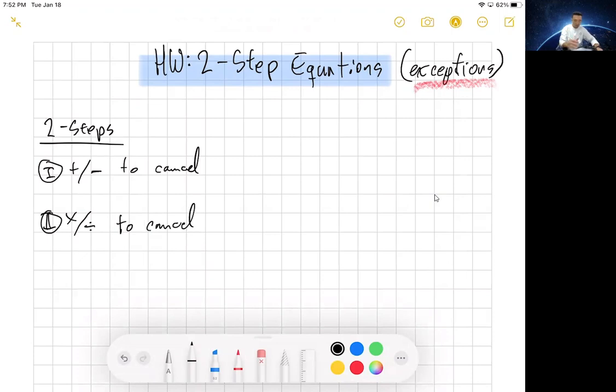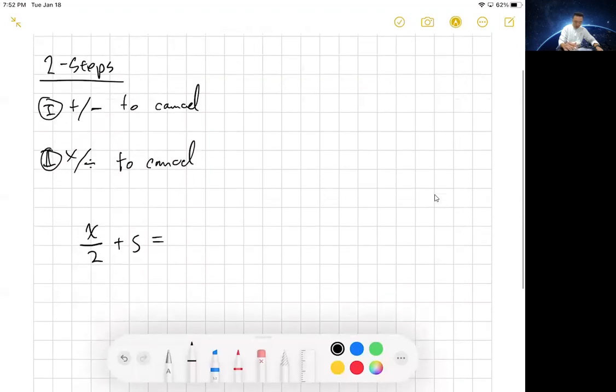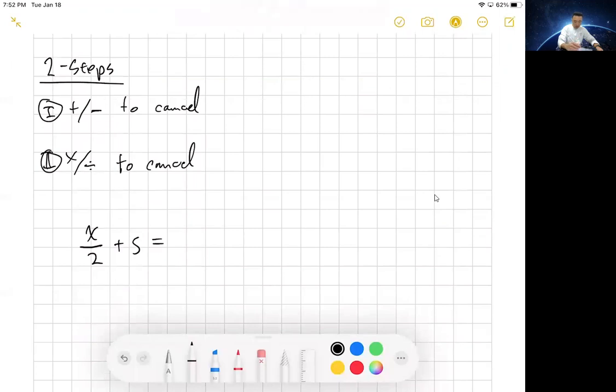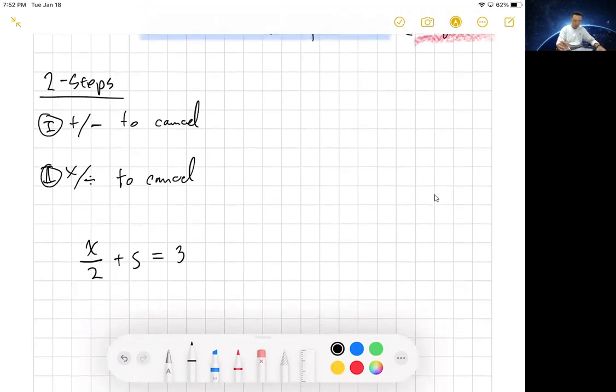let's say that we have something like x over 2 plus 5 equals 8. Let's keep it simple. Actually, that's not simple. Let's make it 8.